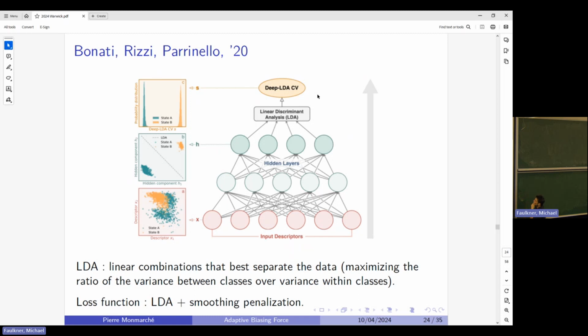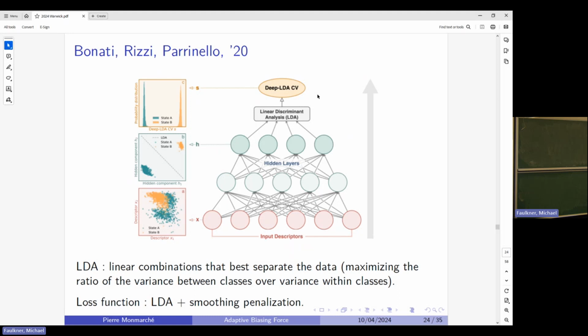The linear way to do that would be the linear discriminant analysis. Given time, I won't go into details. The idea is, I have two, or maybe more, let's say two different samples.